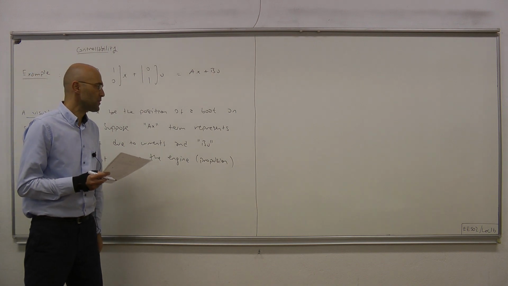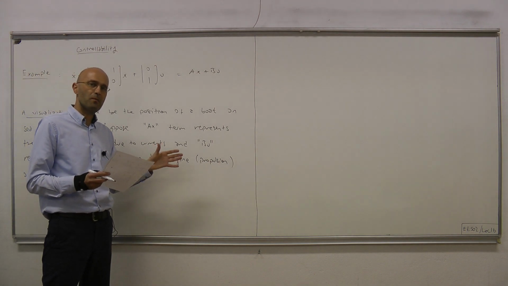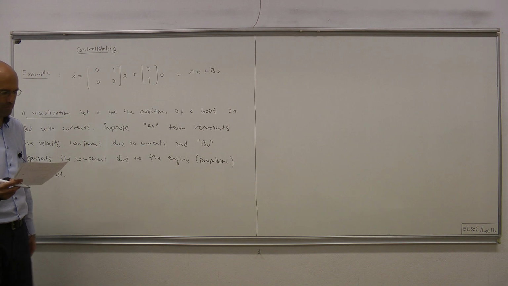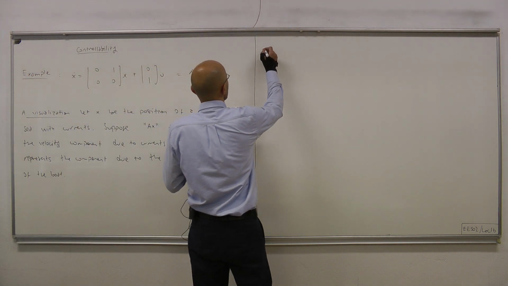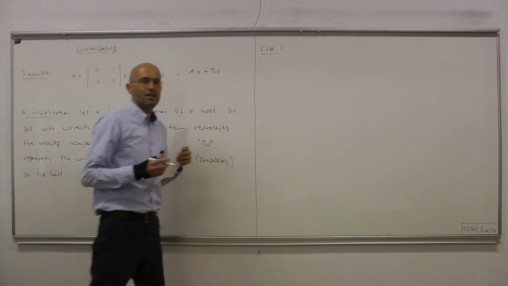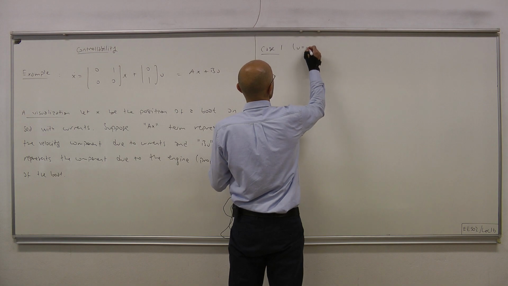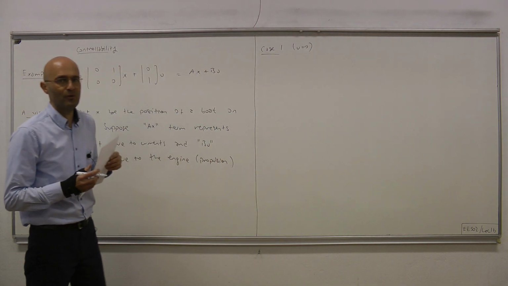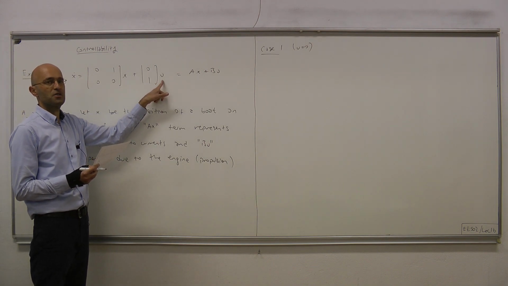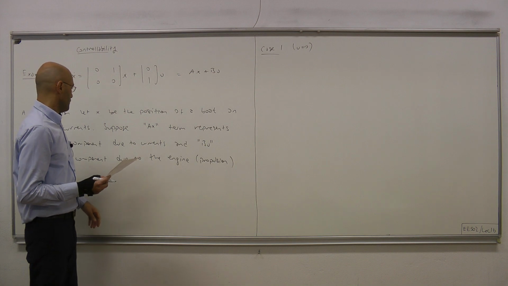Now let's try to visualize these terms first separately, and then we're going to combine them in a single picture. So let's consider therefore the following scenario, case 1. The engine is broken, let's say, or we ran out of gas. So we have no input in the system, so we're left to the mercy of the currents.